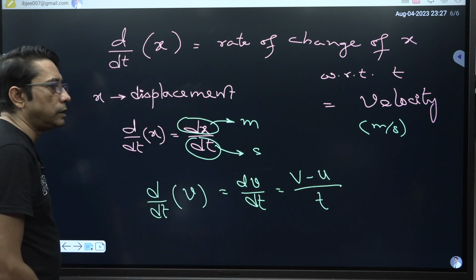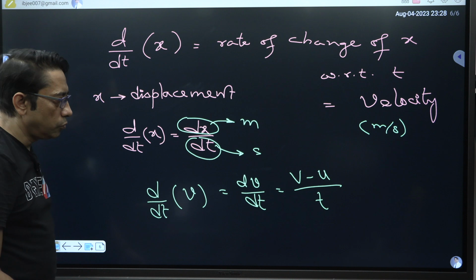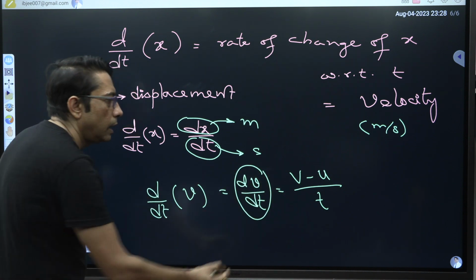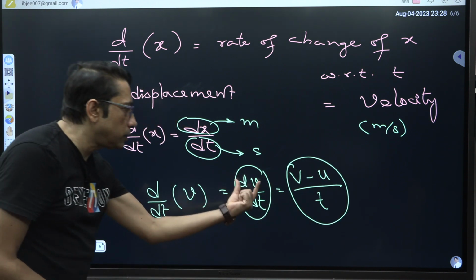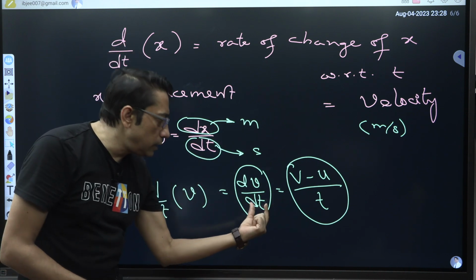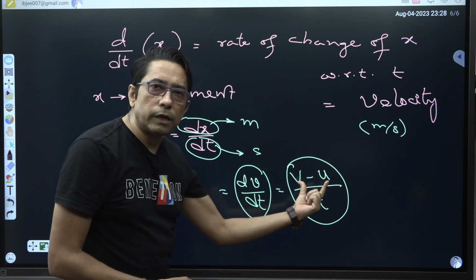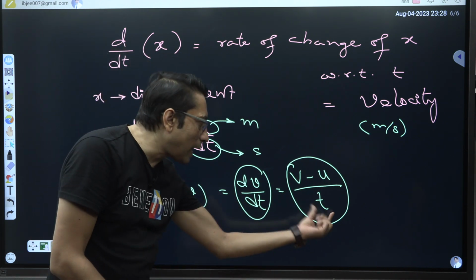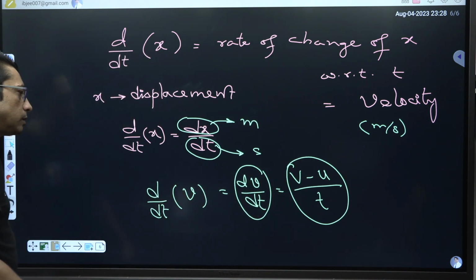So let us just write t. So what does it mean? Acceleration. Do you understand? The relation between calculus, that is differentiation, and normal algebra. Same thing, just consider dv to be a small change in v, and dt a small change in time. So change in velocity means v minus u, change in time is t2 minus t1, which I have written as t. So (v minus u) by t is nothing but a, acceleration.